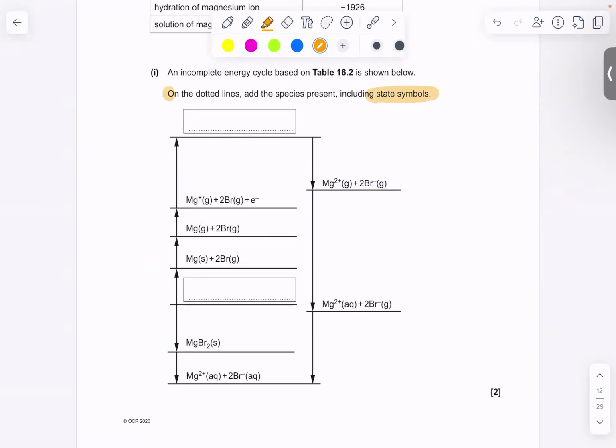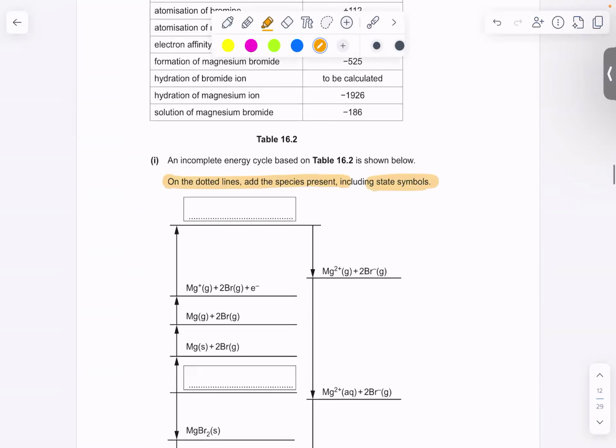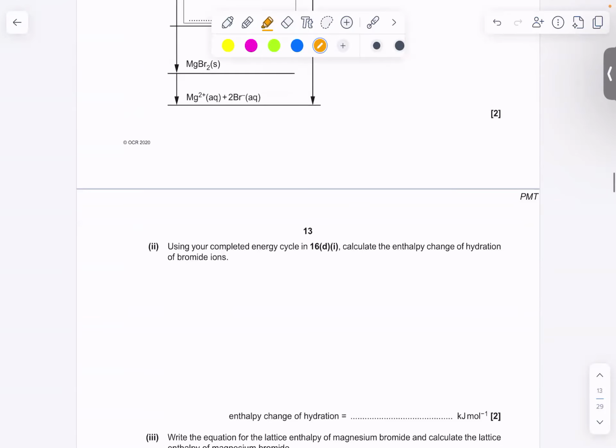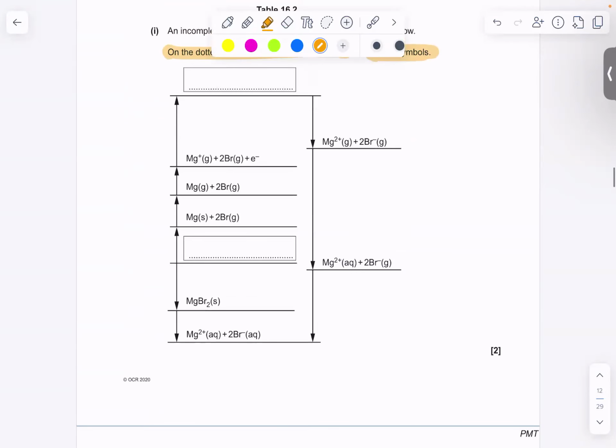So do tell me. And then I think, because the data is given, you will definitely be asked to calculate the lattice energy. They have asked for the hydration. Okay, fine. Good question.